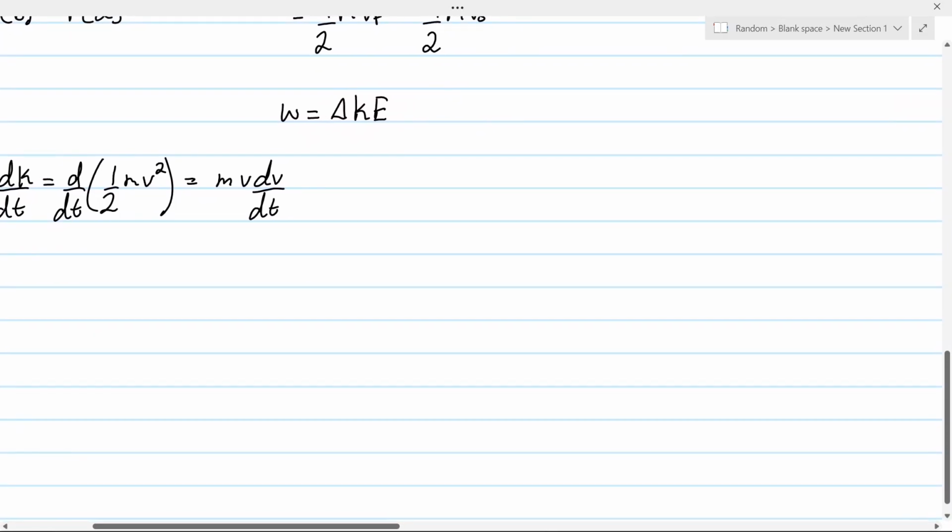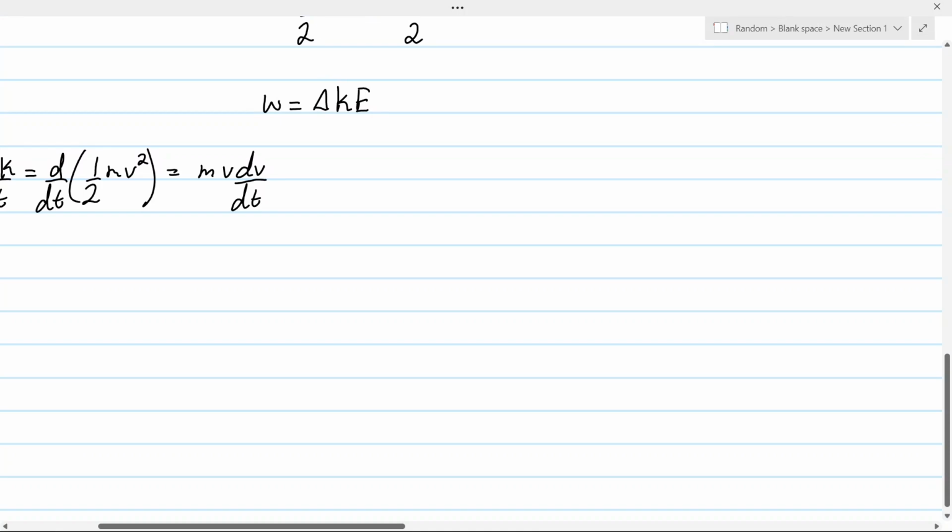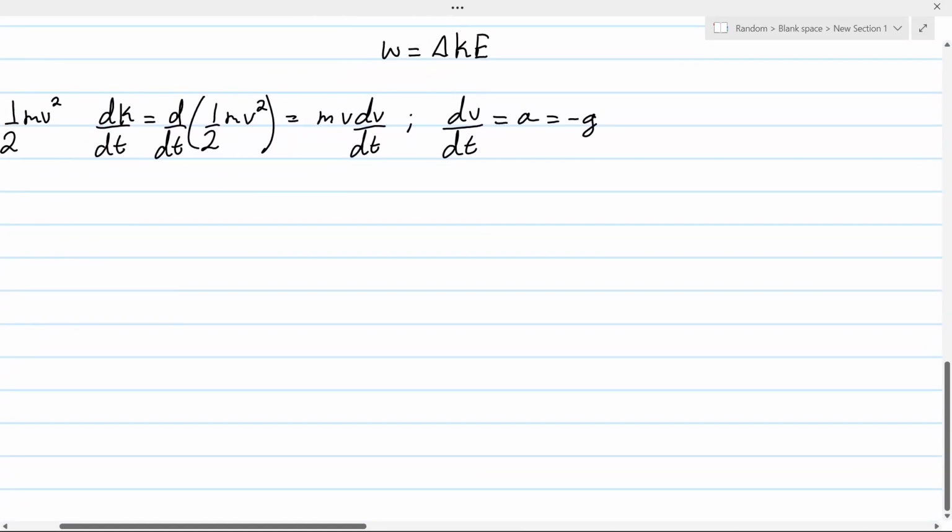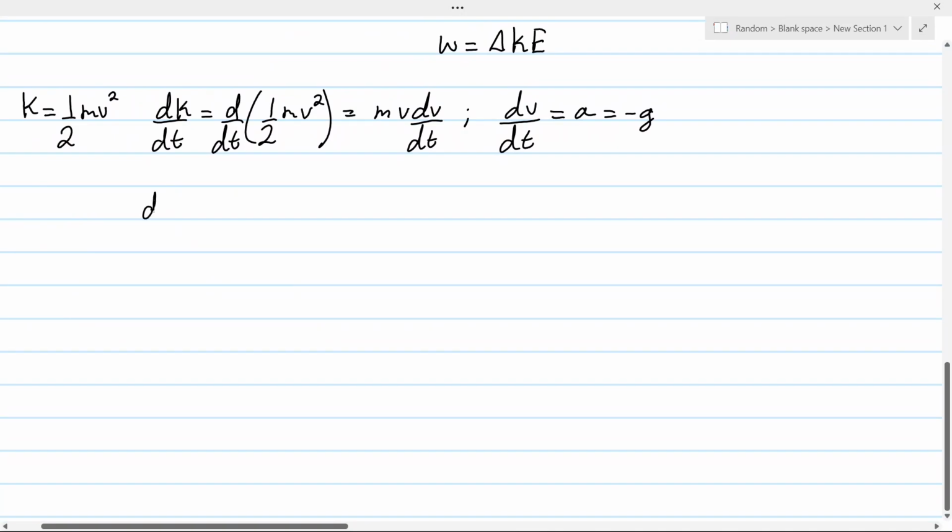Now, if we're talking about potential energy, let's suppose we're talking about gravity, in which case dv/dt, which is an acceleration, if it's gravity, it's minus g. So we could write dK over dt is equal to minus mgv.